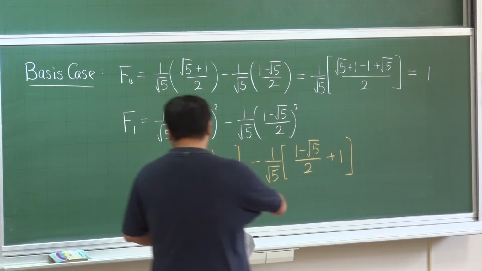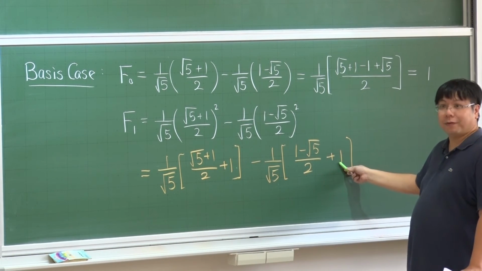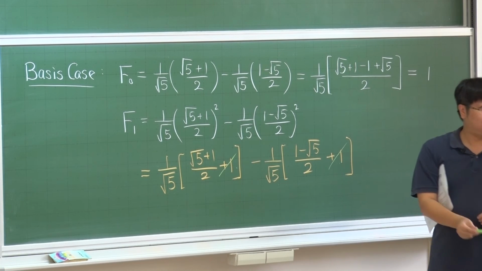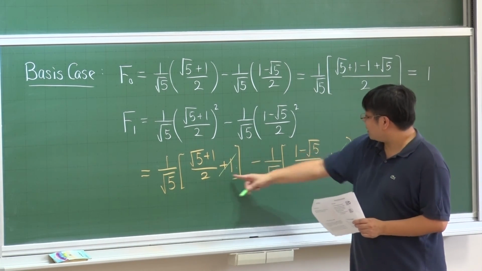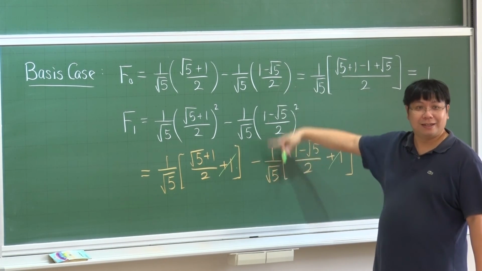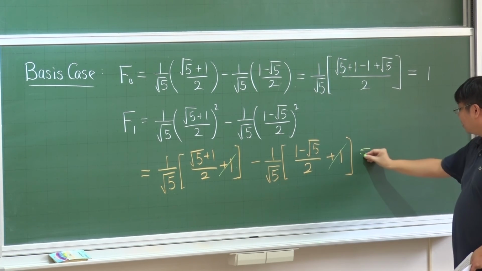This is 1 over square root 5 times 1, and this is minus 1 over square root 5 times 1, so this plus 1 and this plus 1 cancel. Very nice, right? And what remains is the same as the F0 expression. If it is the same and the rest is cancelled, then this must be equal to 1.